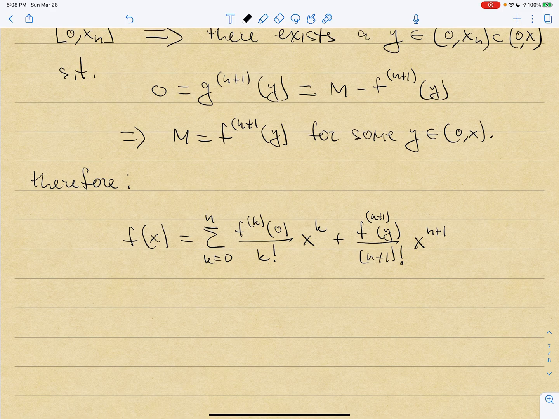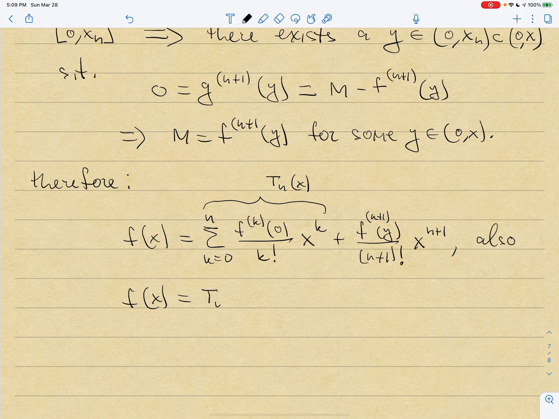And what do I have now? I have now that f of x is equal to the Taylor polynomial of the nth degree plus a remainder, and so the remainder must be equal to the starred quantity. So f of x is T_n(x) plus R_n(x).